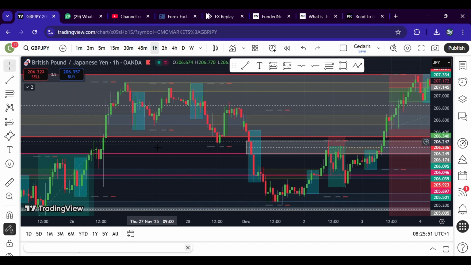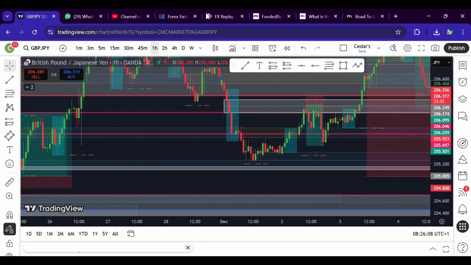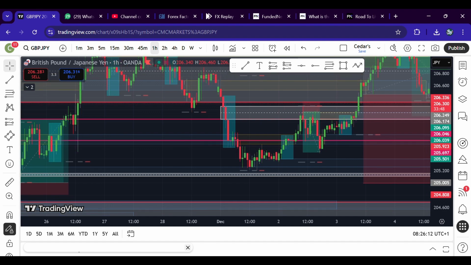I actually had a trade for Friday, somewhere here, but because it was on a Friday and the market was going to close for the weekend, I did not get into the trade. It eventually played out, but then the market provided another opportunity for me to get into the sell, which was this.